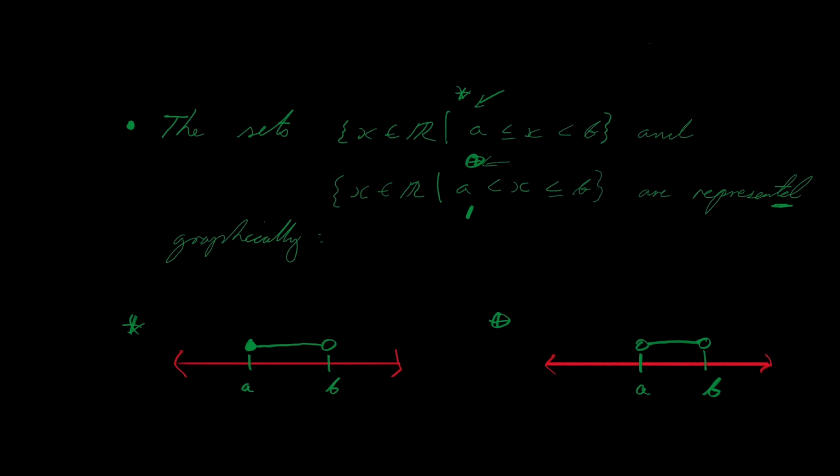Well, you can see that A is strictly less than X. Okay, so whatever X we happen to be talking about, it's going to be bigger than A. It can't be equal to A. Okay, it could be less than B, but it could also be equal to b. So we will shade in the right-hand endpoint of the interval b.